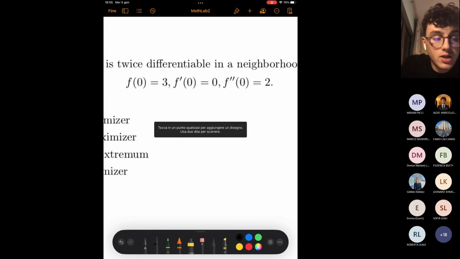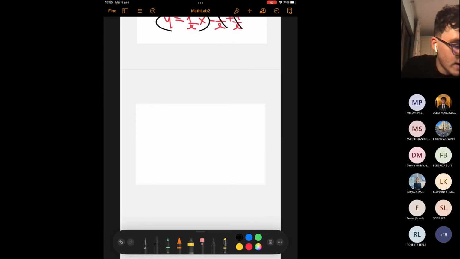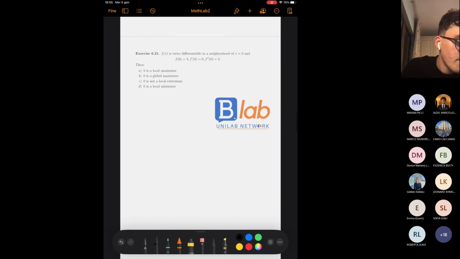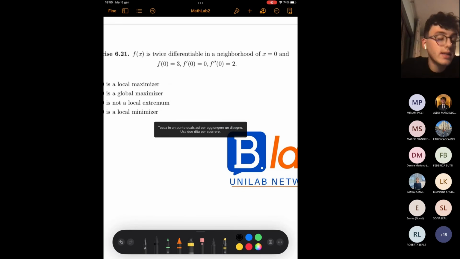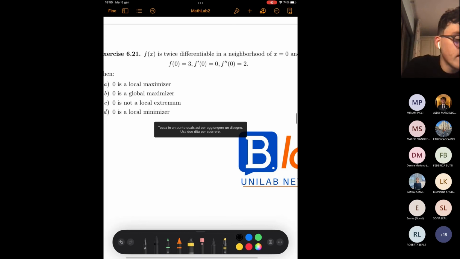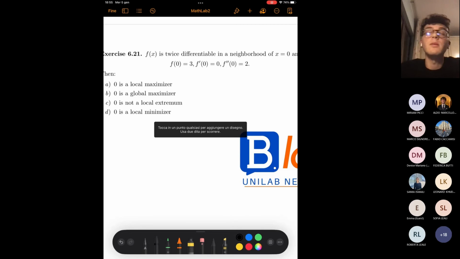But the second derivative actually gives us information about the function, okay? What does this information add to our knowledge? We know that the function can have upward concavity or downward concavity, and this is seen thanks to the second derivative.